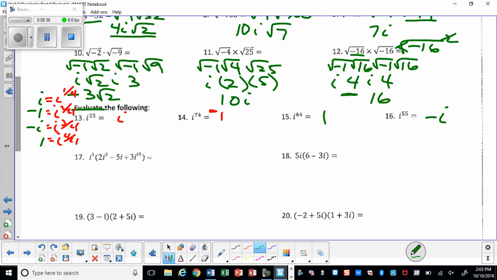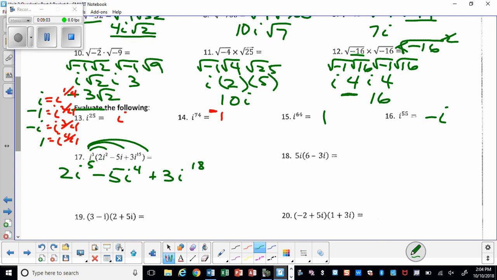Okay. Now, if we're going to do this, we're going to distribute this guy, just like we would any other number. So that would be 2i to the 5th, you add your exponents if you're multiplying, minus 5i to the 4th, and then plus 3i to the 18th.